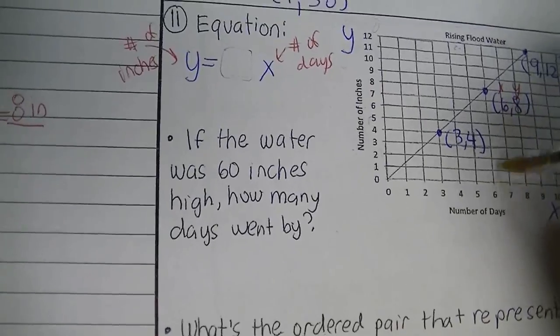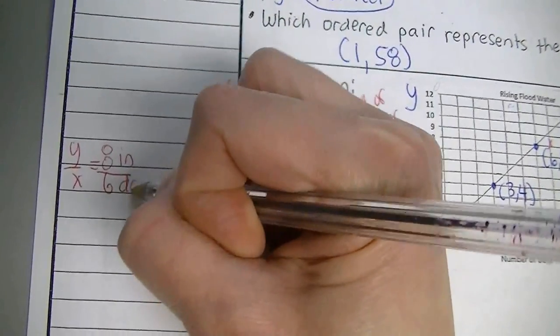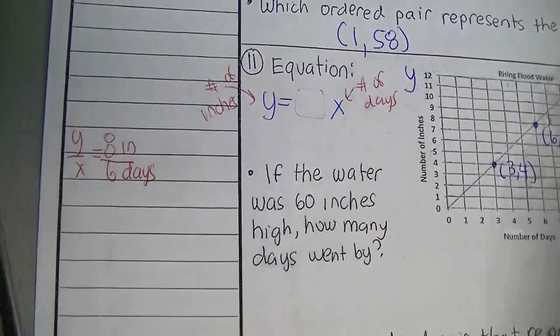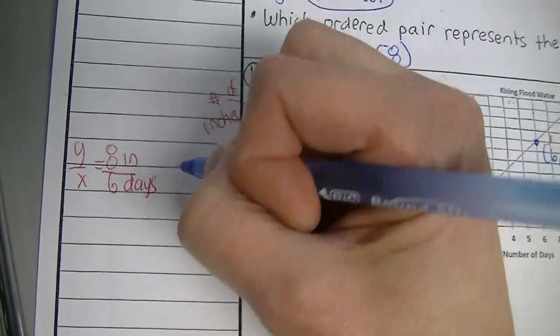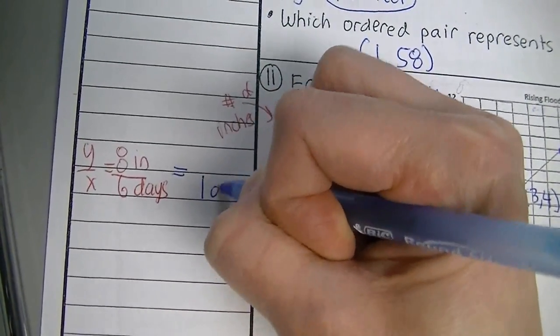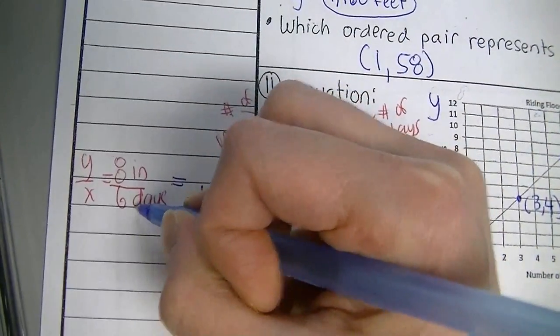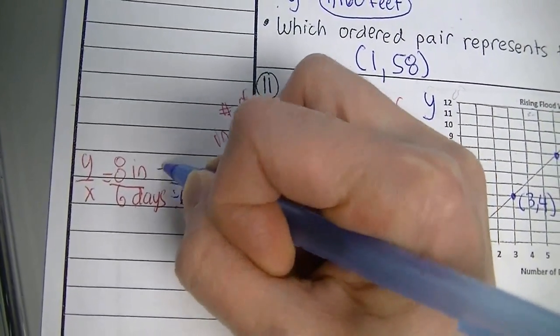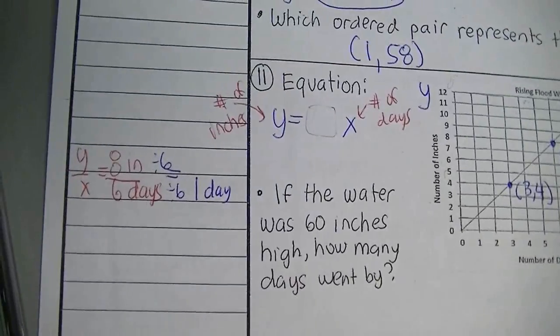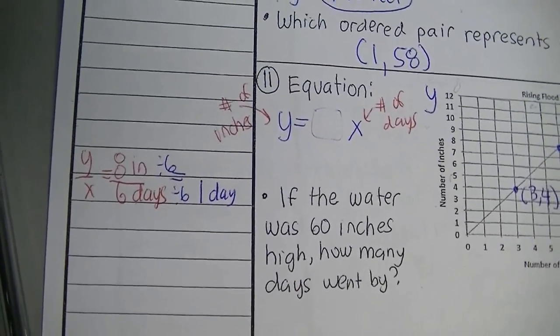X is representing the number of days, so 6 days. Okay, so therefore we don't have the unit rate right there. We need to have 1 in the denominator, so 1 day. So to get to the 1, we divided by 6, divided by 6. 8 divided by 6 is this right here.